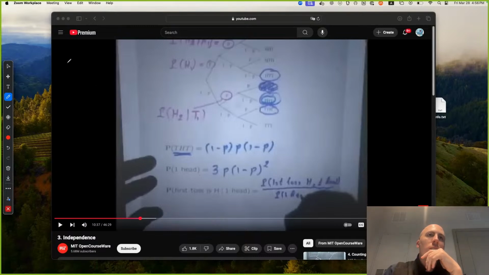The event that the first toss is heads is head, head, head and so on, intersected with one head.